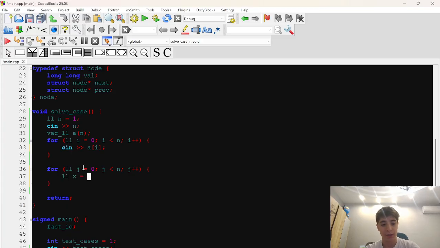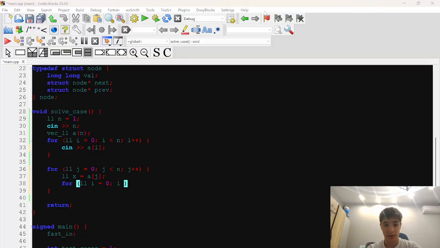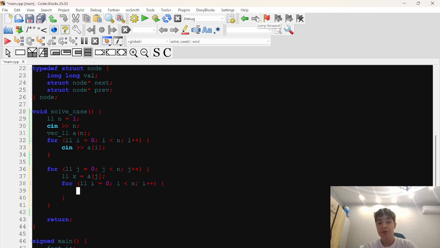And I make x equal to aj. I'm going to make for ll 0 like this. Holy crap. And logically we just need to do this. Let y be equal to the AE, and if x minus y equals j minus y, then just do this.